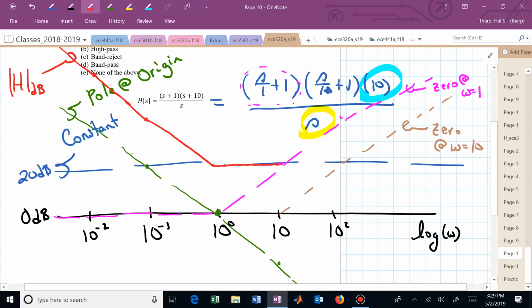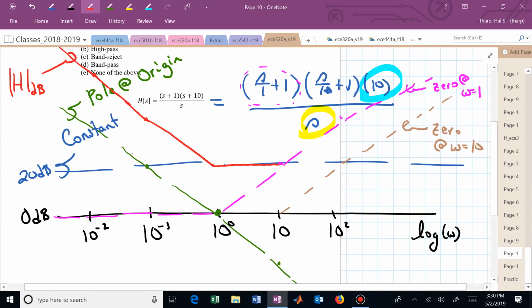You're flat until you come to another frequency that introduces a new slope change, and that has now been introduced at omega equal to 10, where you start going up 20 dB per decade because you've reached another 0 factor.